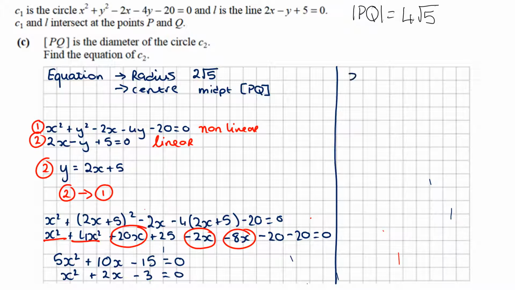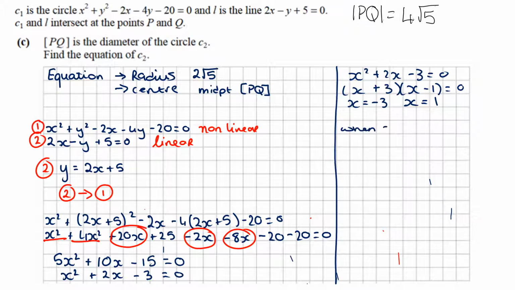So we have x squared plus 2x minus 3 equals 0. You can use your guide number. You're going to end up with (x plus 3)(x minus 1), which gives us x equals minus 3 and x equals 1. We're going to sub those back in.